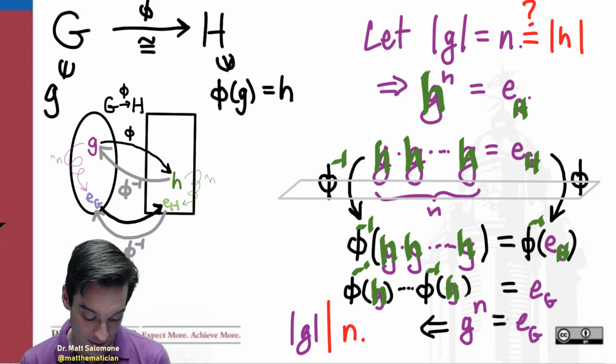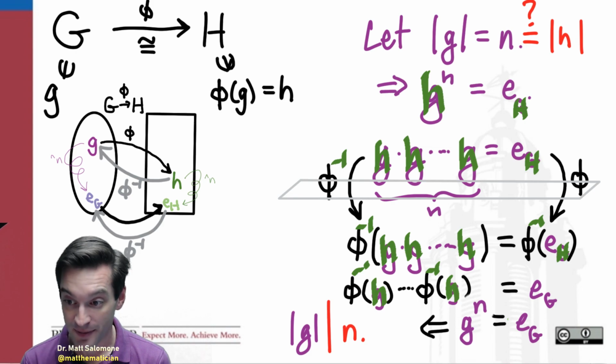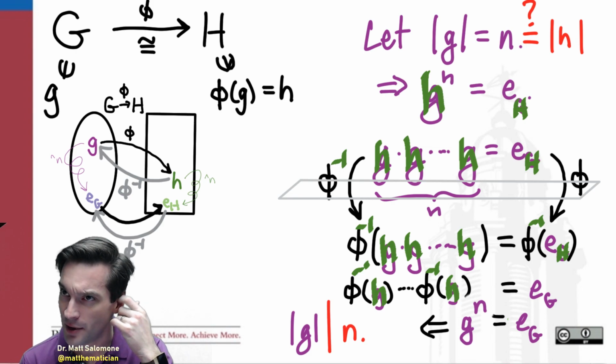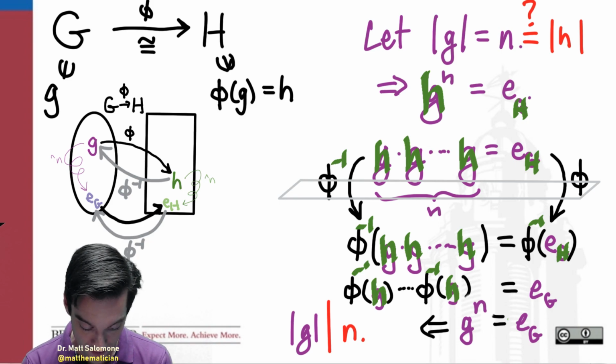All right, so that's not quite how I wanted it here. I think I wanted not to use the letter n for this. Let me just write in English the argument that I was trying to make.